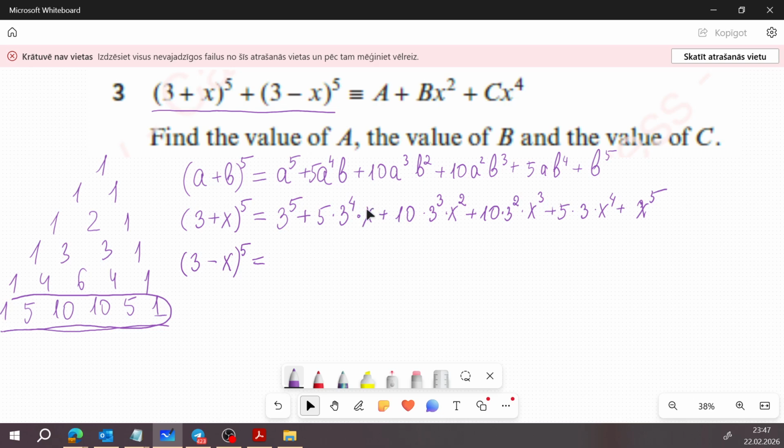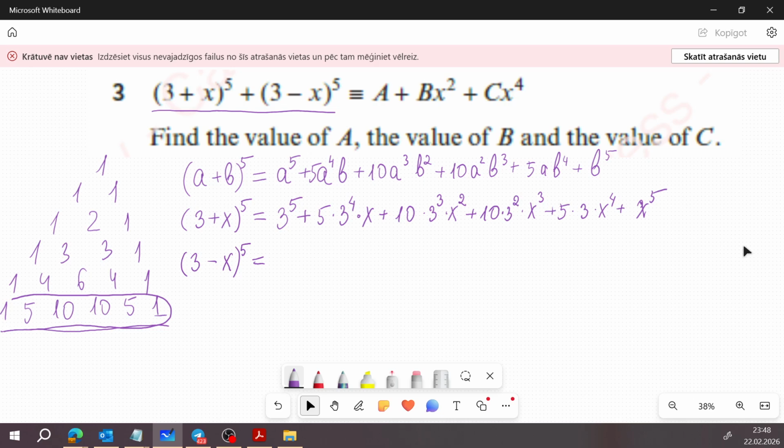You can see here the power of x is 1, so it's going to be negative because here will be minus x. Then here it shall not change because x will be squared. Here it shall change, here it will not change, and here it shall change. So we will have minuses before this term and before this term.